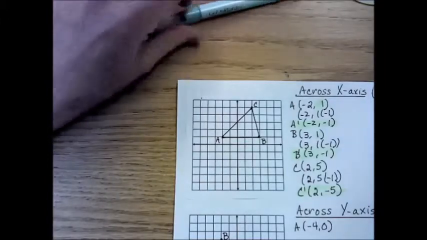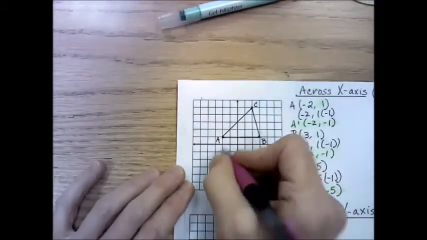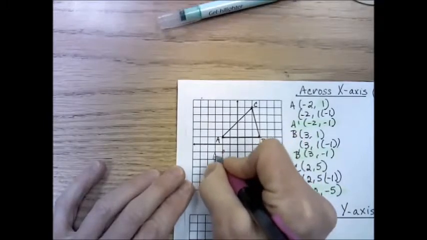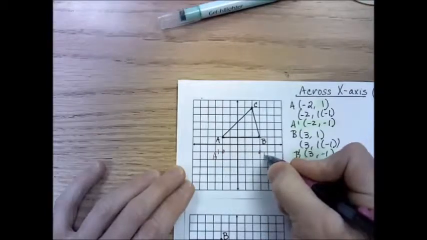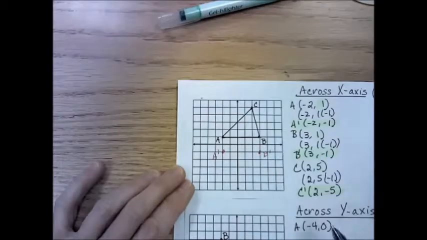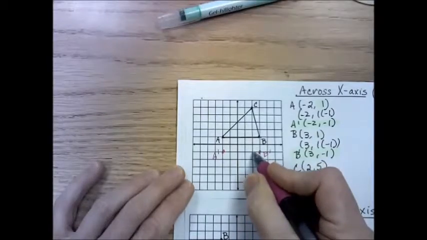So let's go ahead and graph those on our coordinate plane. A prime is at -2, -1. B prime is at 3, -1. And C prime is at 2, -5.